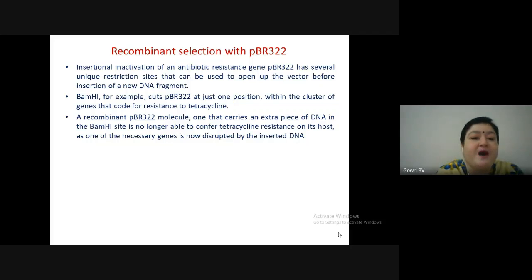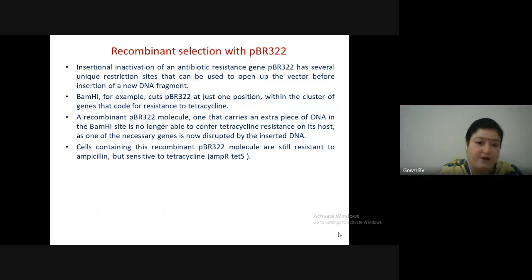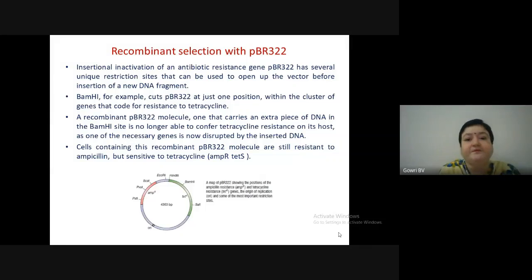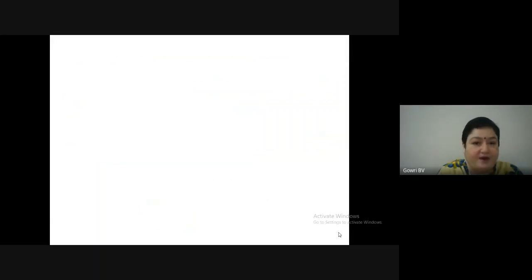A recombinant pBR322 molecule, one that carries an extra piece of DNA in the BamHI site, is no longer able to confer tetracycline resistance on its host, as one of the necessary genes is now disrupted by the inserted DNA molecule. Cells containing this recombinant pBR322 molecule are still resistant to ampicillin, but they are sensitive to tetracycline. That is why it is designated ampicillin resistant and tetracycline sensitive. So this is the position of the BamHI site in the pBR322 molecule.